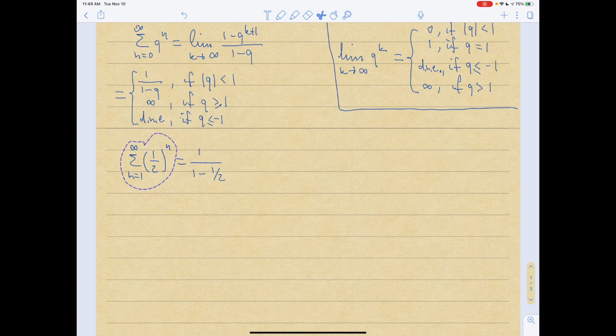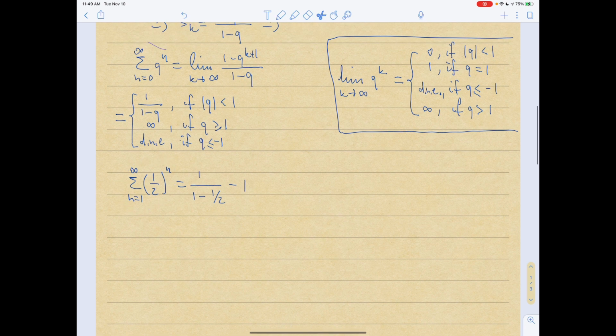So 1 is not included in the original expression, but it is included in 1 over 1 minus q. So to get the correct answer, I need to subtract the term that I did not include in the series here, versus this series. And then 1 over 1/2 is 2, minus 1, is 1.